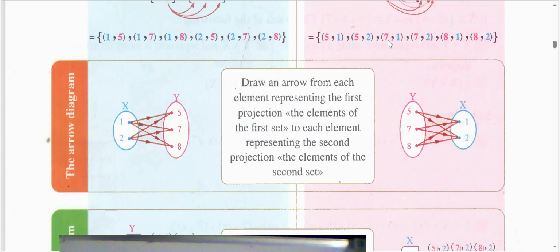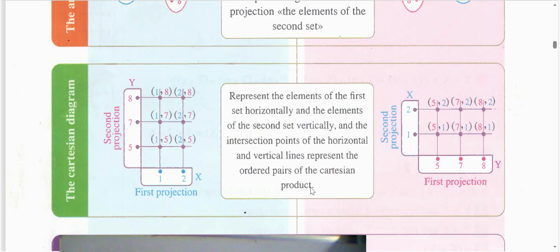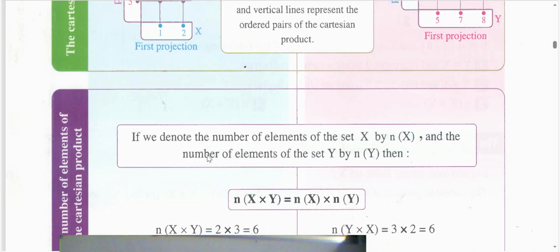We can draw a diagram from each element representing the first projection, the elements of the first set, to each element representing the second projection, the elements of the second set, like X to Y or Y to X. We have represented it by a Cartesian diagram, first projection and second projection, X and Y, and the points vertical at the axis.